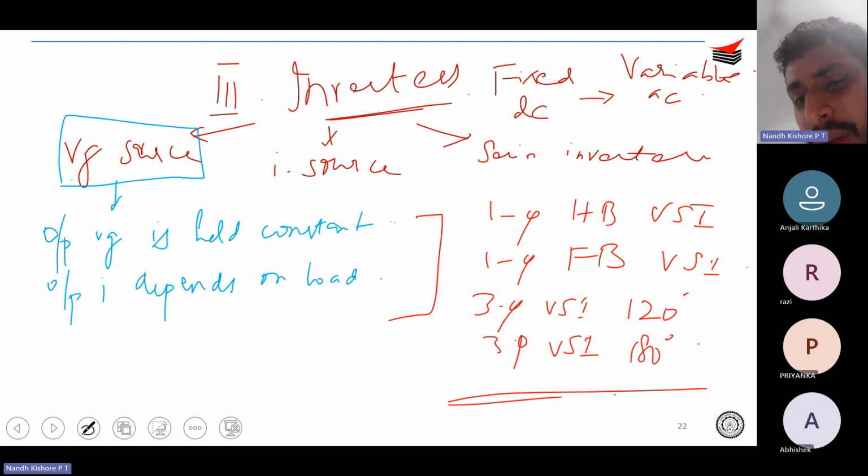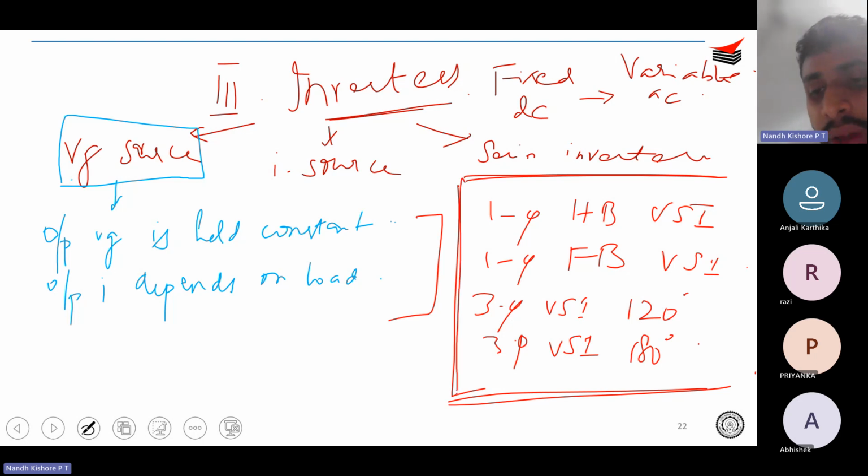We basically solve problems from these four categories mostly. If you are aware of these four, then you should be able to ace inverter questions. For current source inverters, you of course know that the output current is held constant and the output voltage is load dependent.